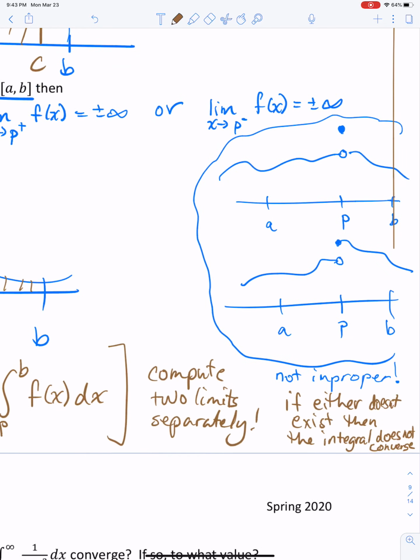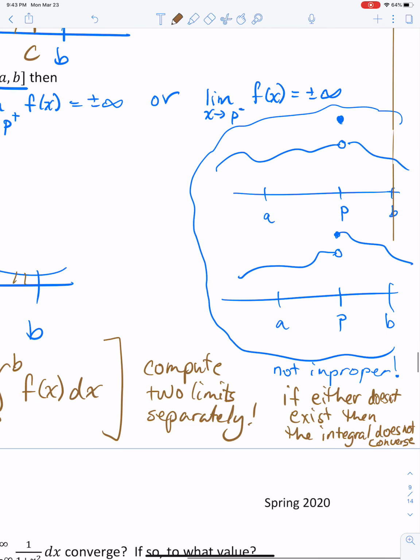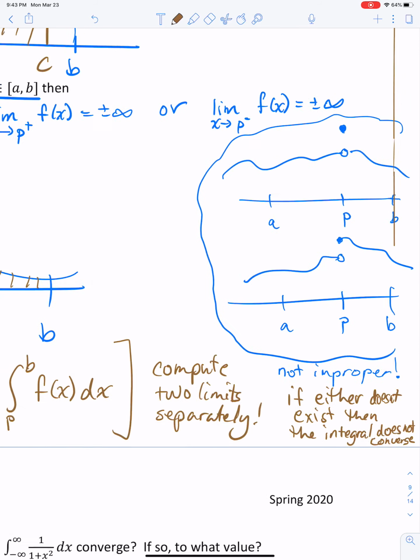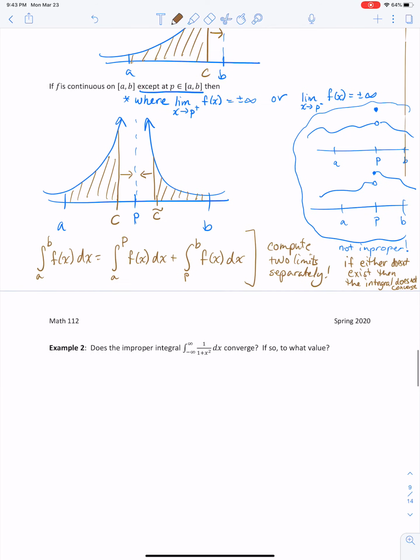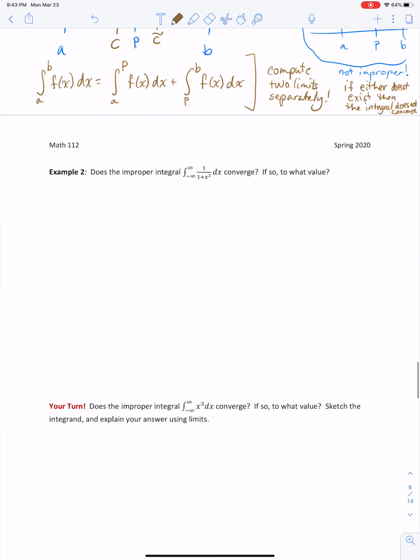I'm going to zoom in a little so you can see my writing. The reason we require that both integrals must exist separately is that we don't want to end up thinking about infinity minus infinity and having to work with that. That's always an integral that does not converge.